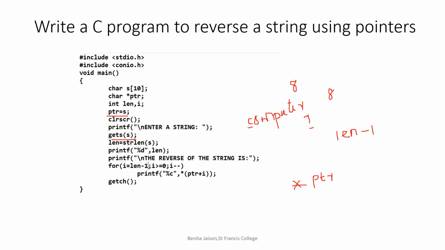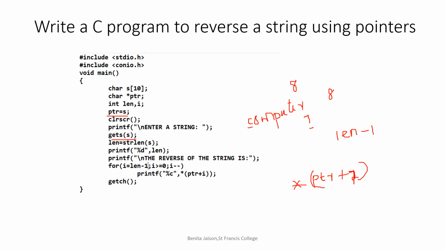If you want to return the last character, what do you have to do? We have to add that many positions, right? So if I add 1 to the current pointer and then dereference, I will get the character O. If I add 2, I will get the character M. If I add 3, I will get P. And if I add 4, 5, 6, 7, if I add 7, I will get the last character R. So our aim is to print the last character first, followed by the second last character.